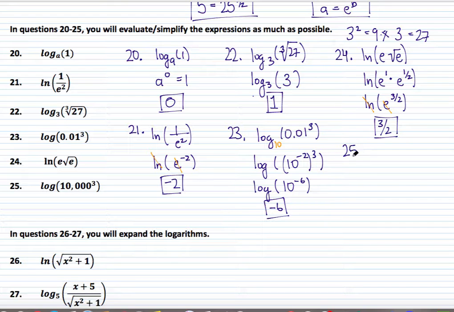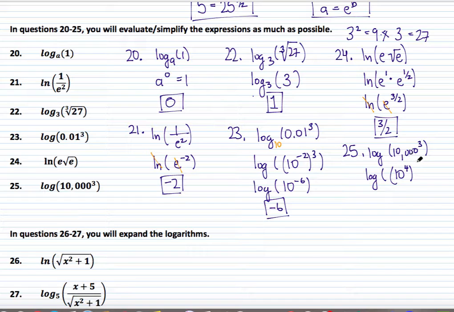Finally, for 25, I have log, nothing is written as base, so it's base 10, of 10,000 raised to the 3. Again, I'm going to do the same process I did in 23, which is I'll have log base 10 of 10,000 can be rewritten to be 10 raised to the 1, 2, 3, 4th power. I'm just counting zeros there.